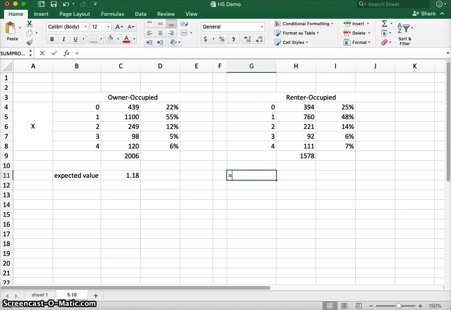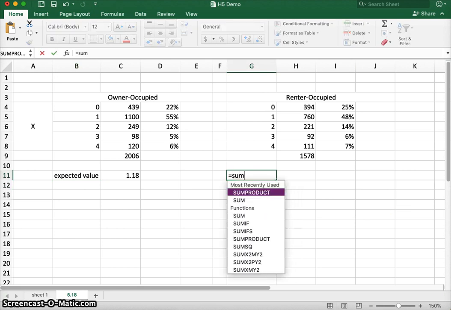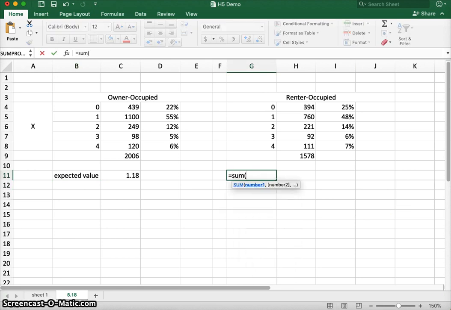Now let's do the same thing for renter-occupied. So this would equal, again, SUMPRODUCT, the result, comma, the probability of it happening, close parentheses. Sorry, I put it in the wrong place.